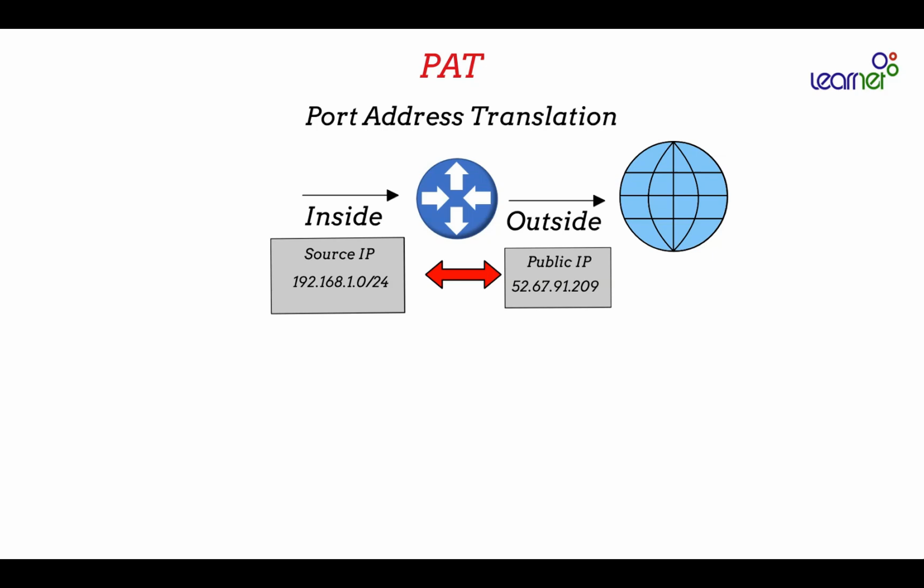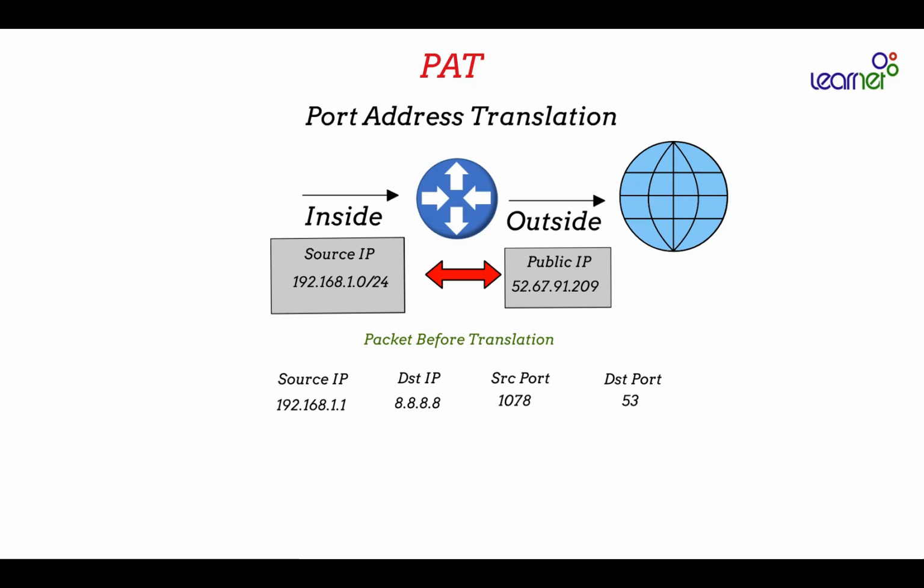So let's assume that one computer with the source IP address of 192.168.1.1 sends a DNS request or DNS query to Google 8.8.8.8, and the source UDP port is 1078 and the destination port is 53.